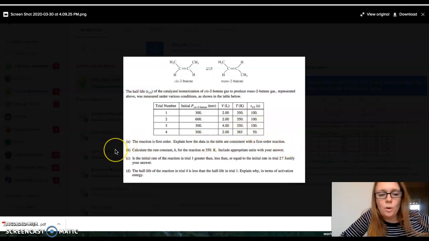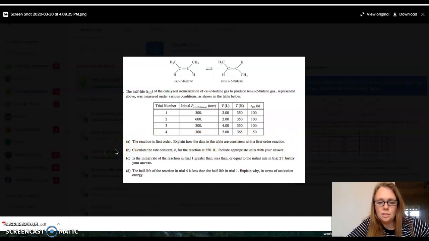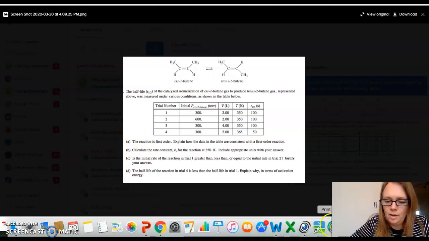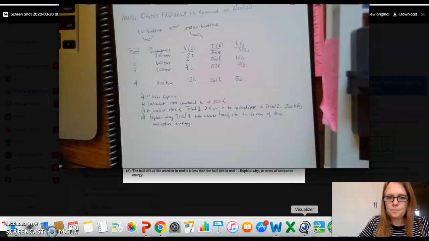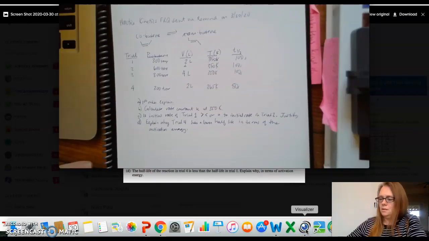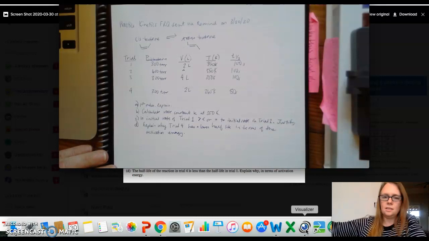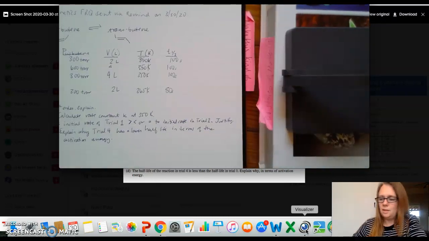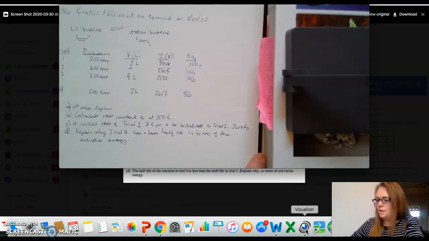The question has 4 parts, okay? So I'm going to switch my view to my notebook and then we can walk through working this out together. Okay, let's get that where you can see it. All right, so I've copied the problem for us here.